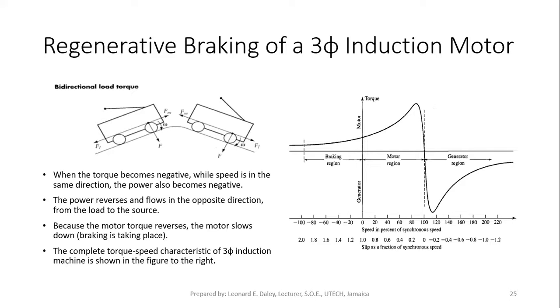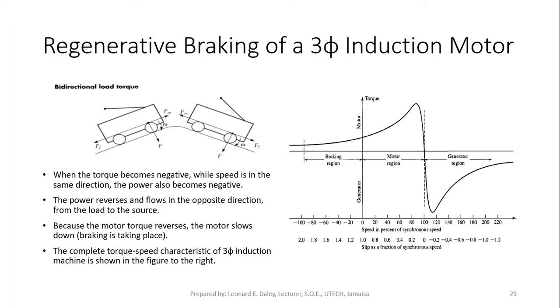All right. So when the torque becomes negative while the speed is in the same direction, then the power becomes negative. Anybody remember the relationship between power and torque? Anybody? You can open your mic and tell me.